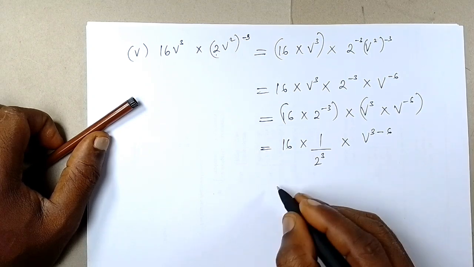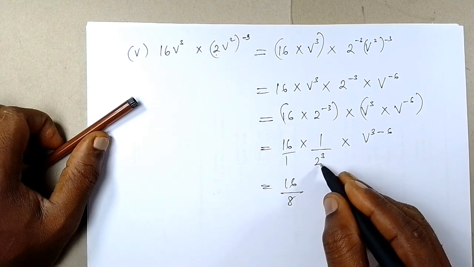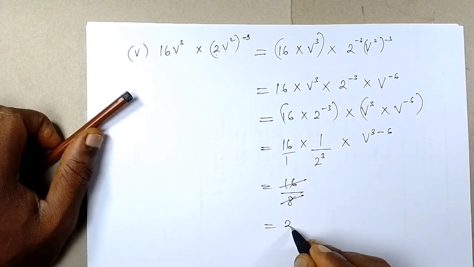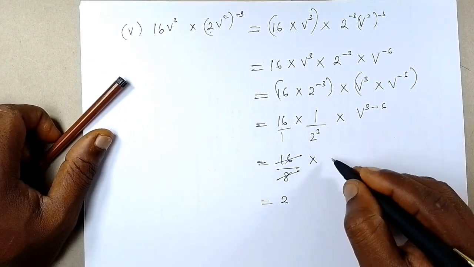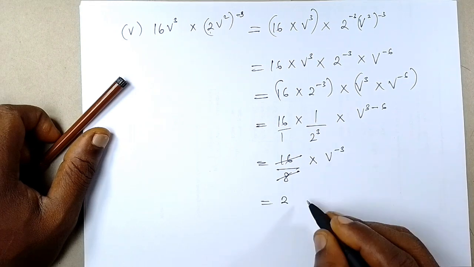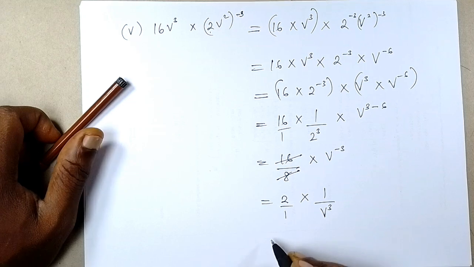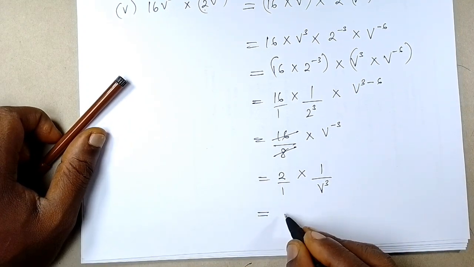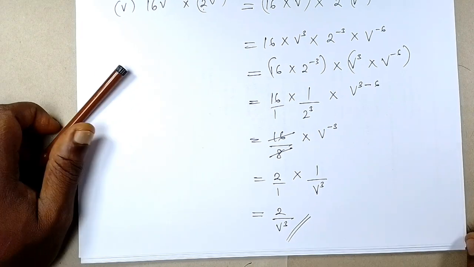So 16 over 8 is what you're going to have, because 2 raised to the power 3 is 8. 8 cancels into 16 to give you 2. Times v raised to the power 3 minus 6 is v raised to the power minus 3, and that will be times 1 over v raised to the power 3, because by the law of negative index, that is true. So this will be 2 times 1, which is 2, and v cubed times 1 is v cubed. So this will be your final result.